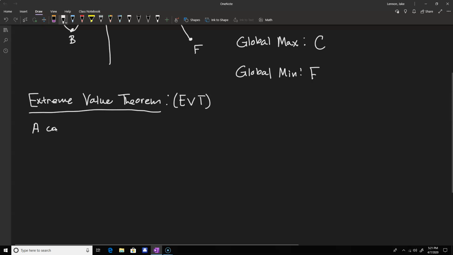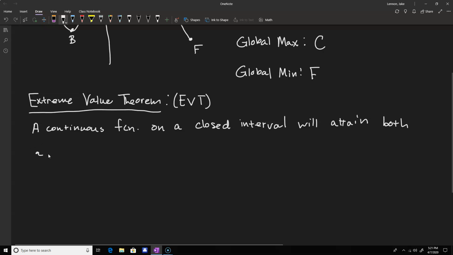So a continuous function on a closed interval will attain both a global max and a global min.